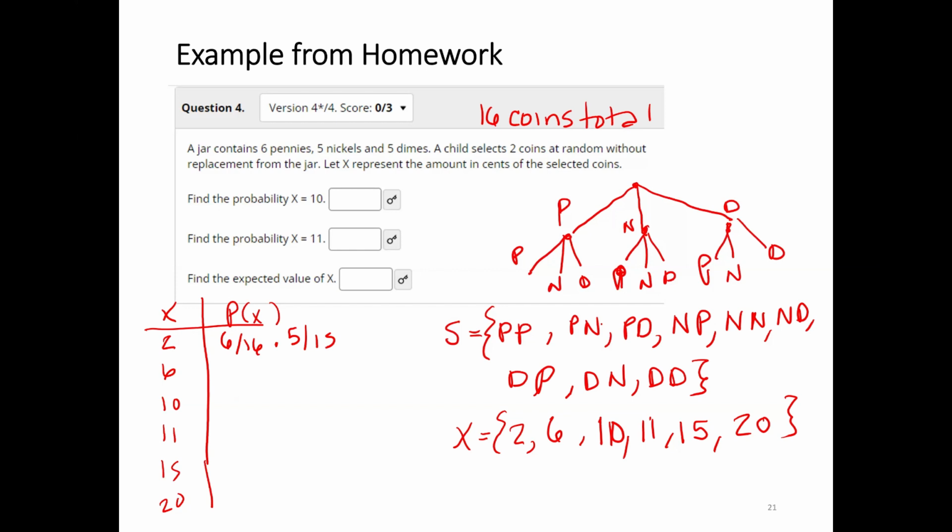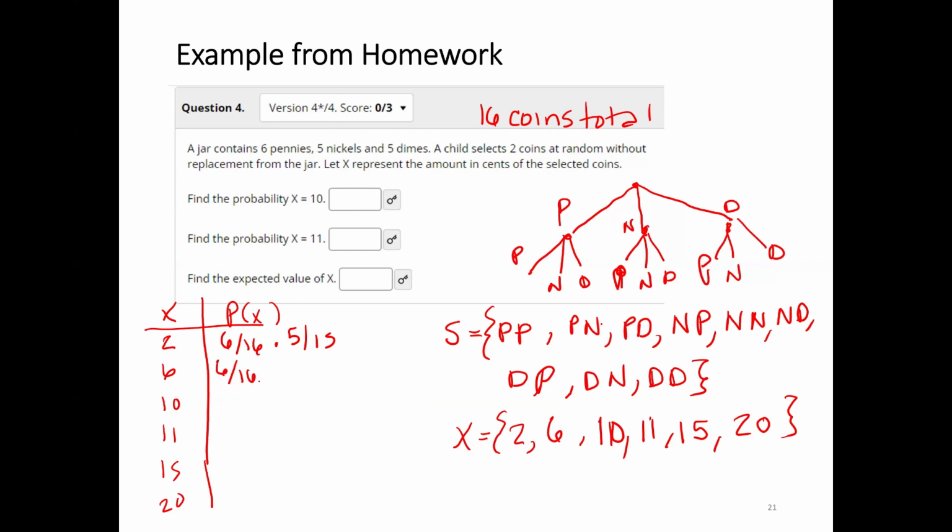Now, what's the probability of me getting 6? The probability of me getting 6 would be a penny nickel or a nickel penny. Did you hear that? Or. So what are you going to do? You're going to add the probabilities together. So what's the probability of getting a penny and then a nickel? Well, do I have 6 pennies?